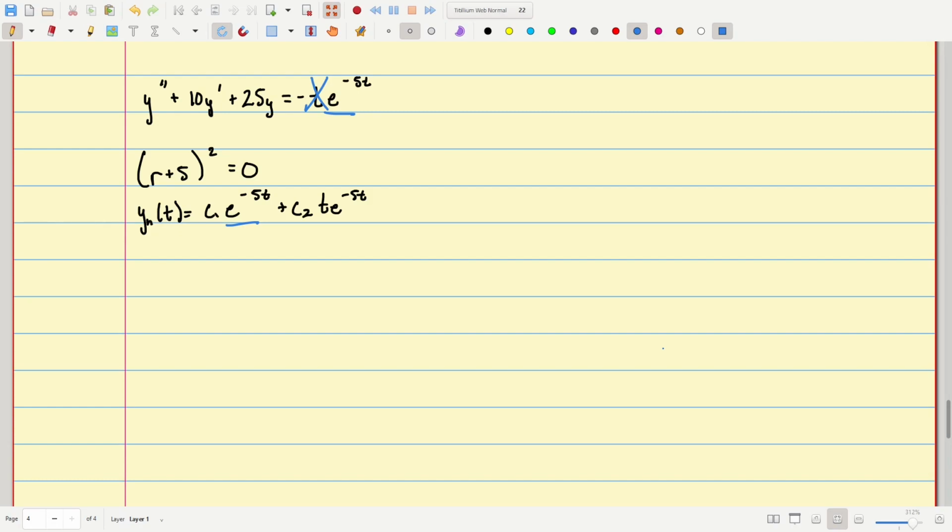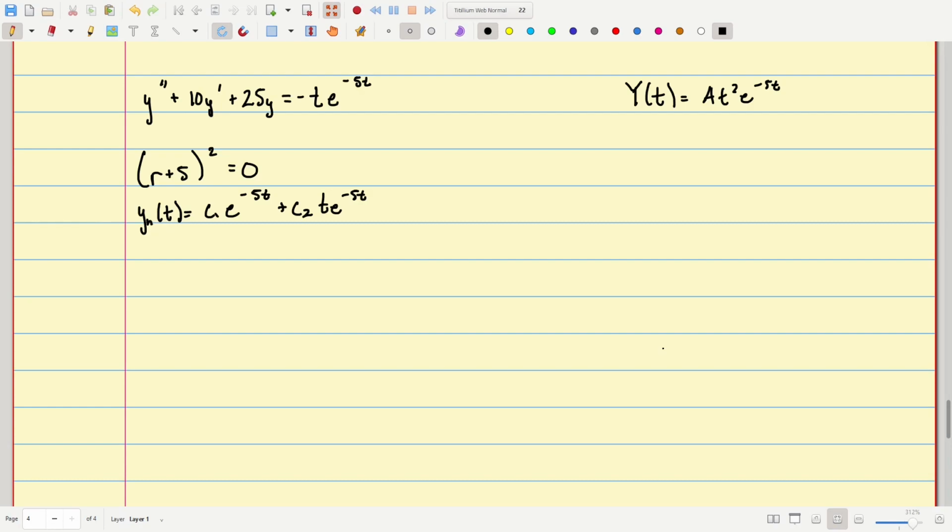Okay. If we were to go through the steps to figure this out, we would need to, as we did in the previous case, employ reduction of order and determine what a proper guess would look like. Okay? Now, it turns out that trying the dumb thing works.